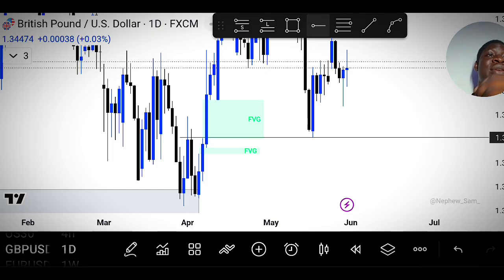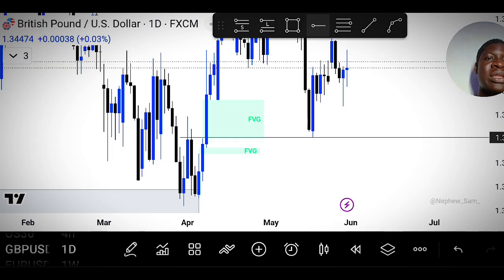Number two, your fair value gap, your FVG. That's the only two things you need. What I mean by point of interest is either your breaker block or your order block, because we are using two points of interest in this market, the order block and the breaker block.